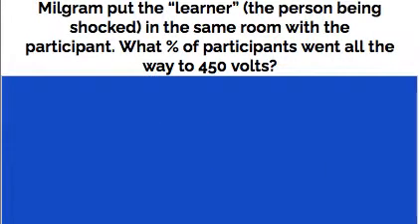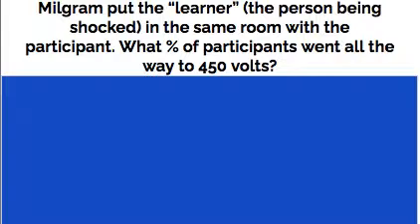All right, so now Milgram put the learner, the person being shocked, in the same room with the participant. What percent of people are still going to continue shocking all the way? A lot of times I give this to people and they say, well, it'll be like 0% now because they can see it.